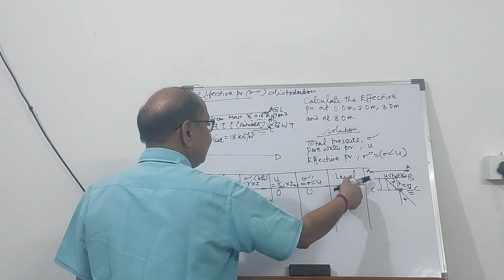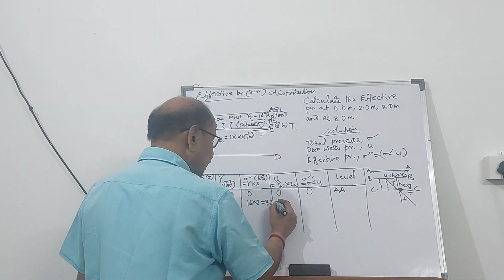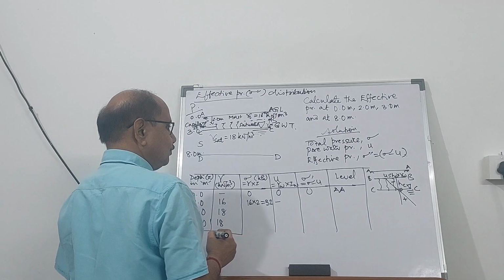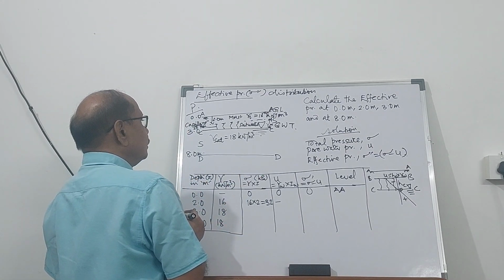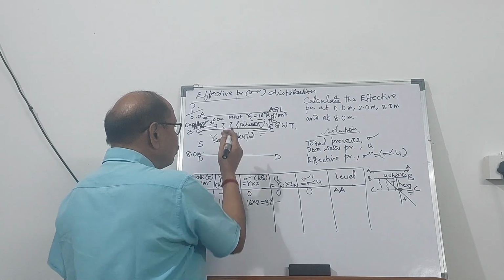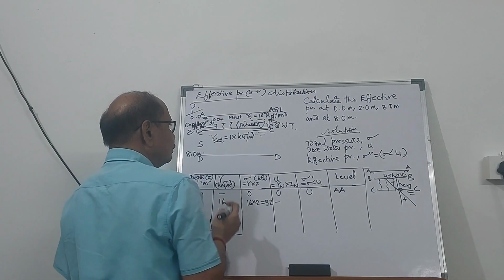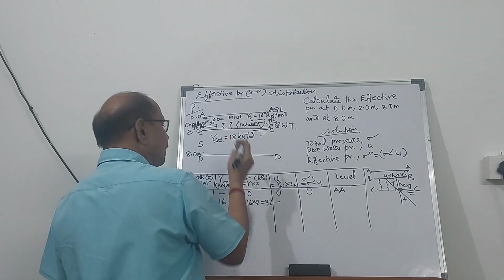So at level BB, the pore water pressure is going to be negative due to capillary action. It is the capillary rise. The groundwater shoots up and makes the soil saturated up to 1 meter.